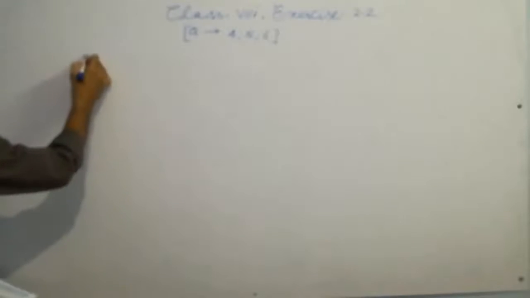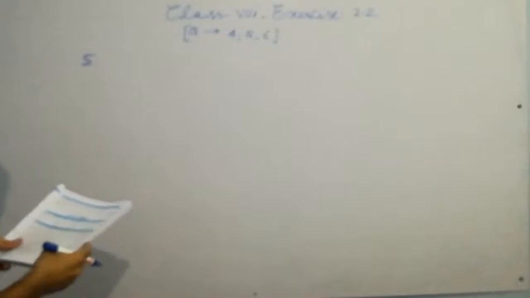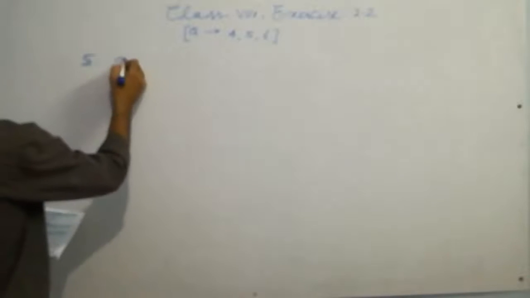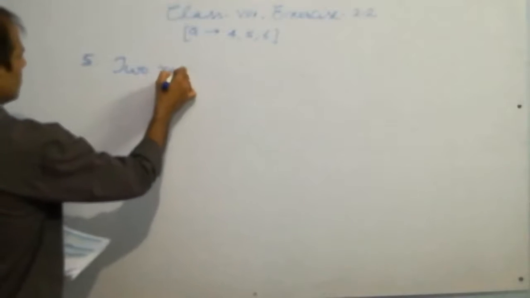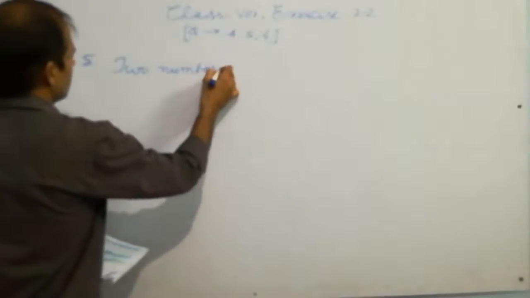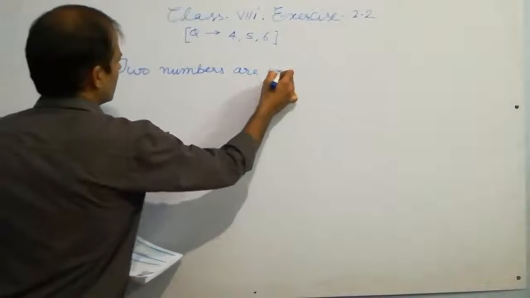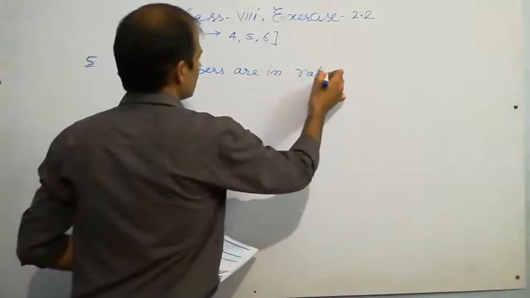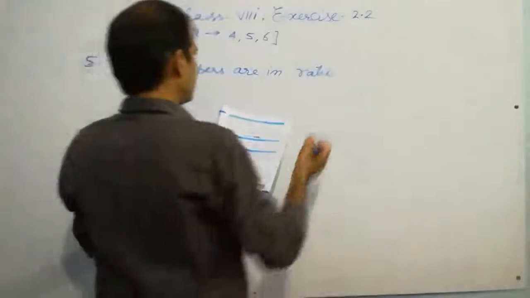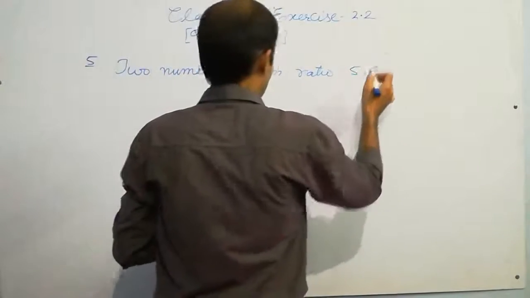Fifth question. Two numbers are in ratio 5:3.